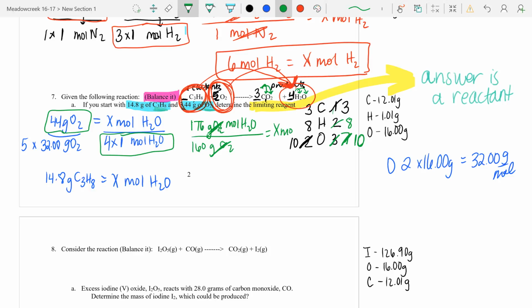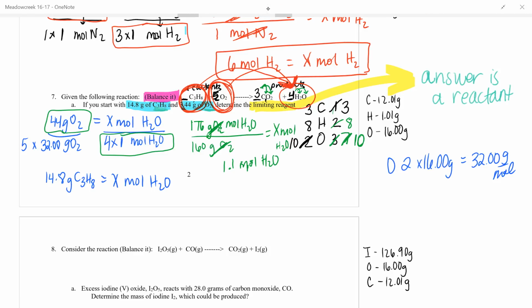Oops, forgot to write equal to X moles of H2O. So then 176 divided by 160 will give us 1.1 moles of H2O. Now we're not done because we didn't convert our bottom one, our C3H8. So let's go back to that.